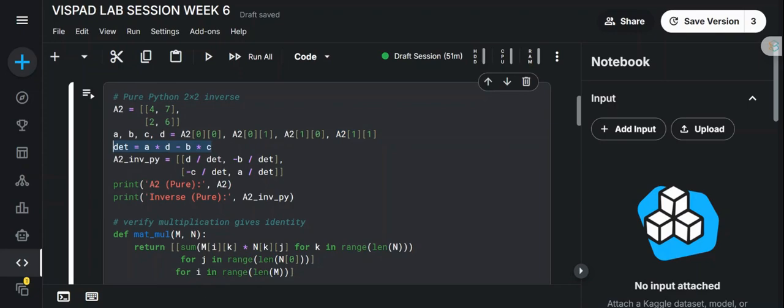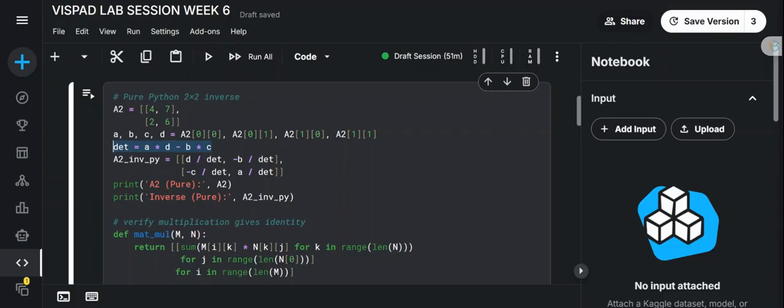Okay, so the next thing to do is to compute 1 over the determinant. But in this case, we've gone straight to the point, and found the new matrix that we are supposed to form, where we interchange the elements of the major diagonal and negate the elements of the minor diagonal.